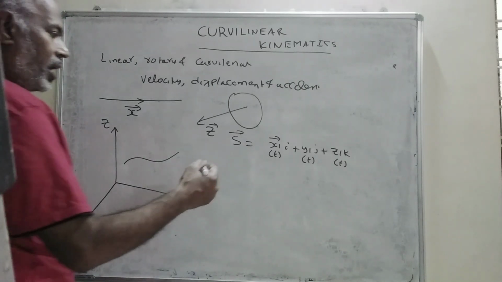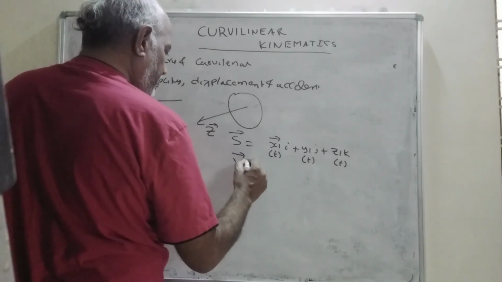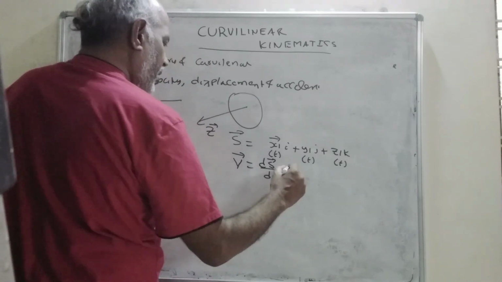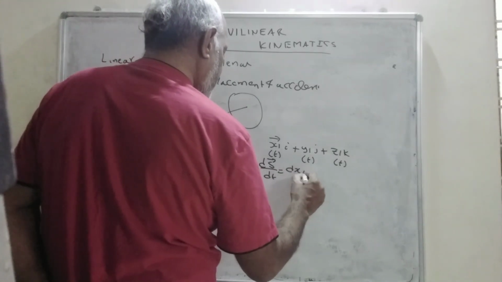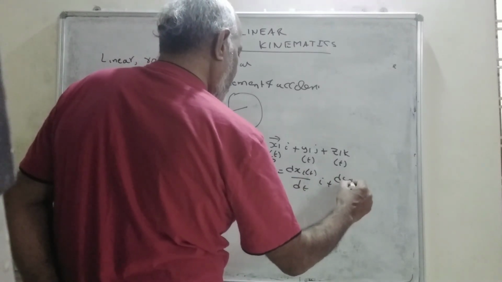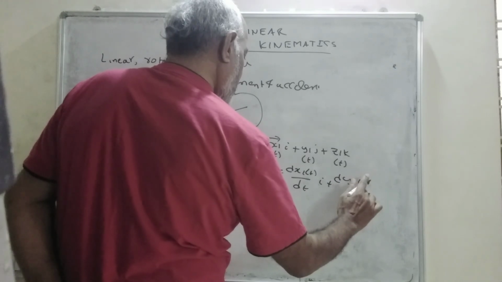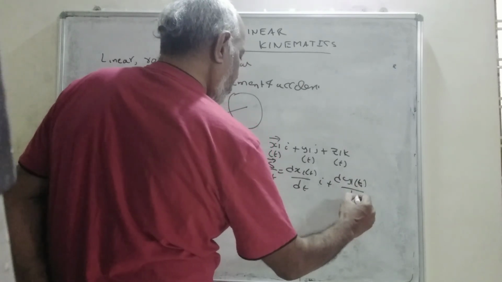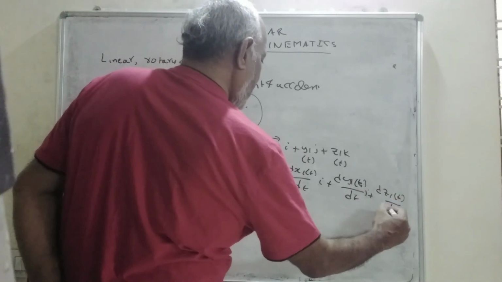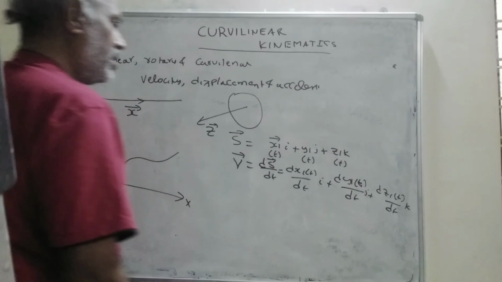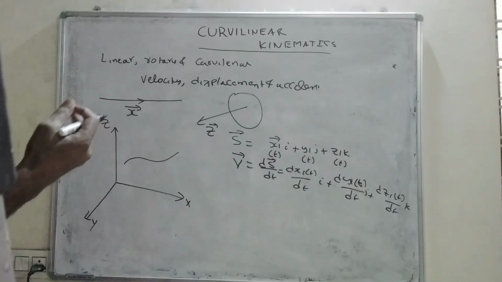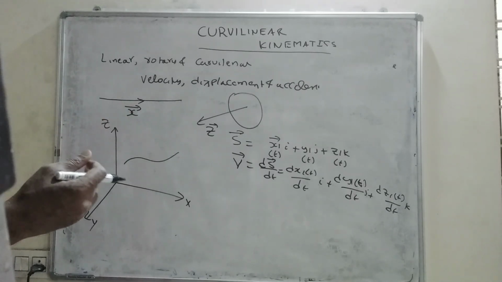Similarly, we have velocity vector, that is ds by dt, or dx1(t) by dt i, dy1(t) by dt j, dz1(t) by dt k. Similarly, acceleration also, d square x1 by dt square i plus d square y1 by dt square j, like that.